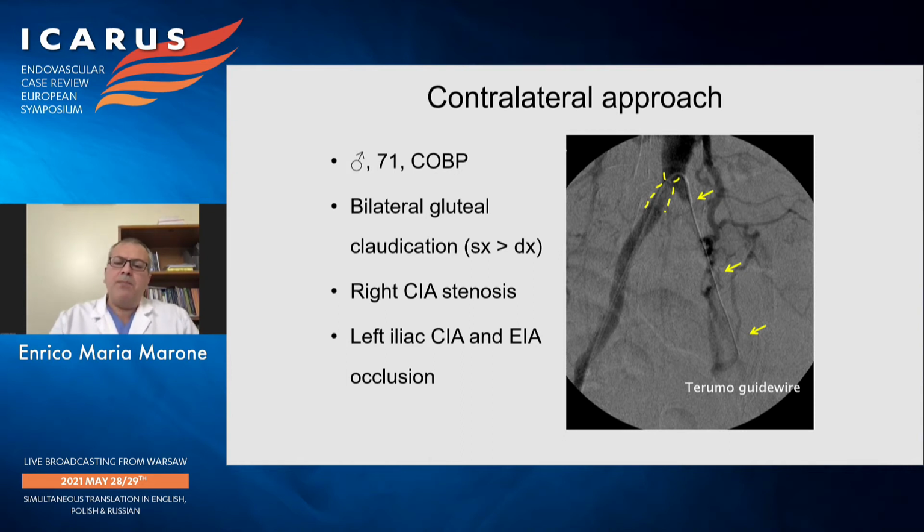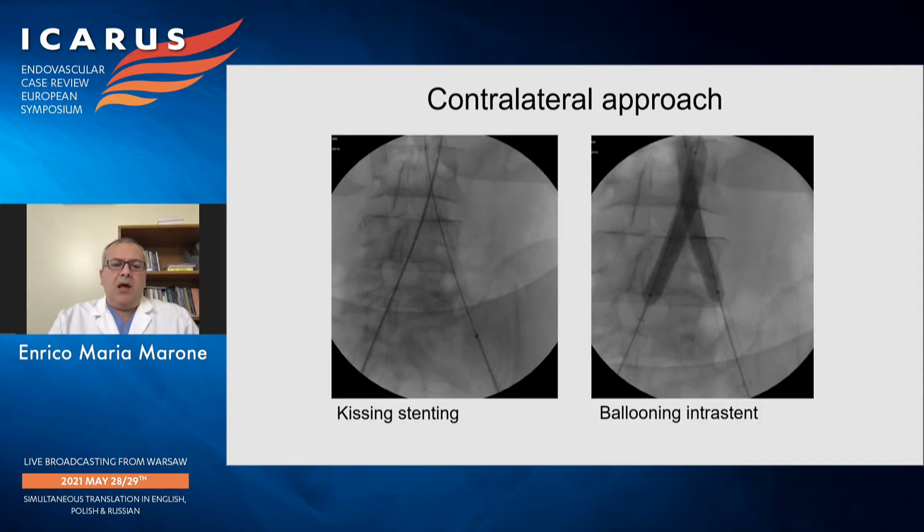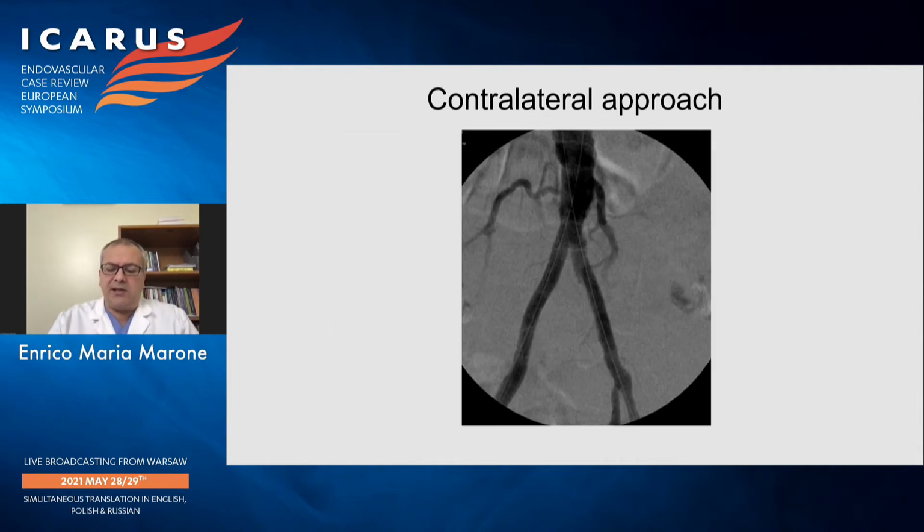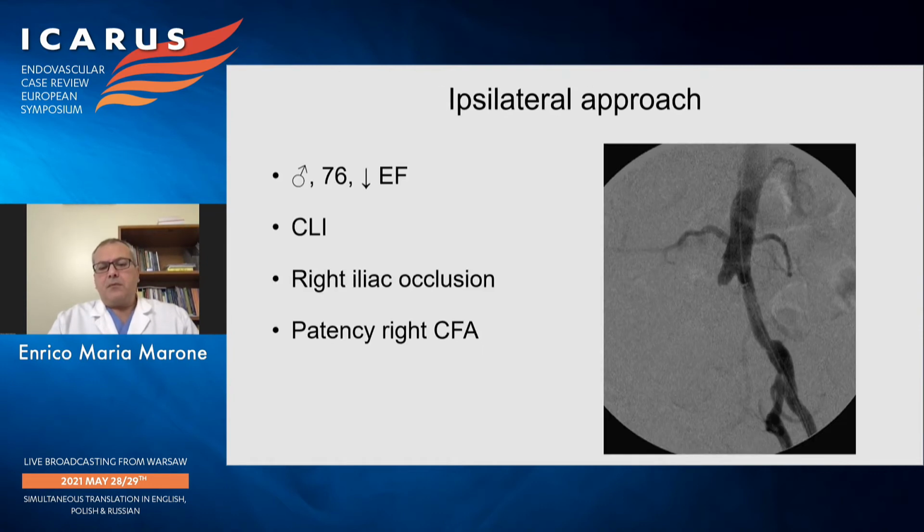It is possible to recanalize the common iliac occlusion. After this, the procedure is the same we use commonly for bilateral iliac disease treatment, with kissing stenting and balloon stenting.